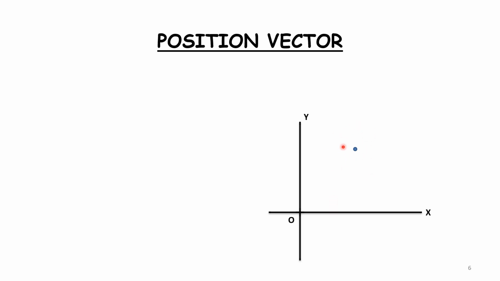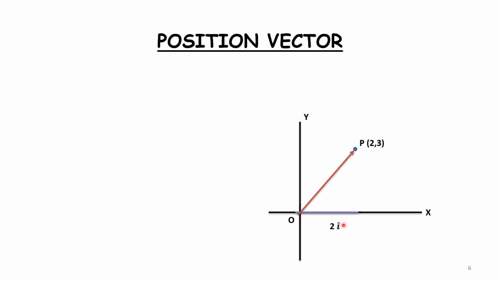If I want to locate this point, I will make a line connecting O to P, and let's suppose this point P has numbers 2 and 3. Now what is meant by this 2 and 3? It means 2 units on the x-axis and 3 units on the y-axis.